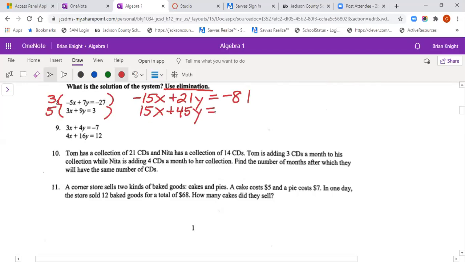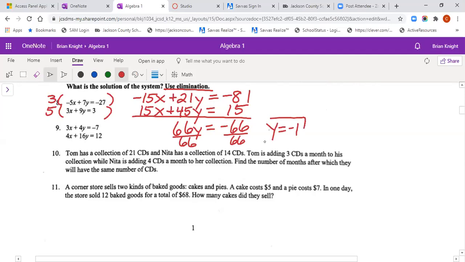And 5 times 3 is 15. Now we can add them up. That's 66y equals -66. And so we divide by 66. Y is -1. And what do we do with that to get x?